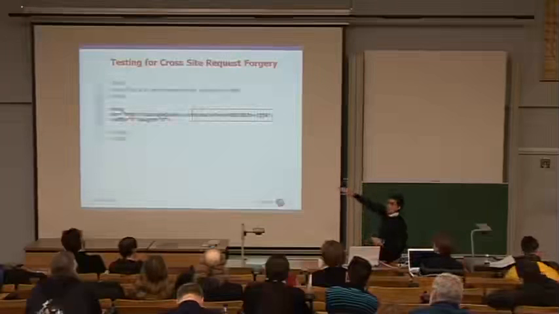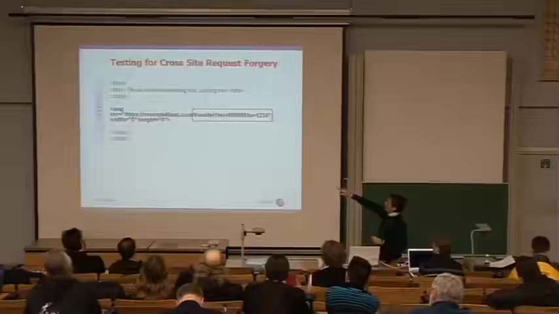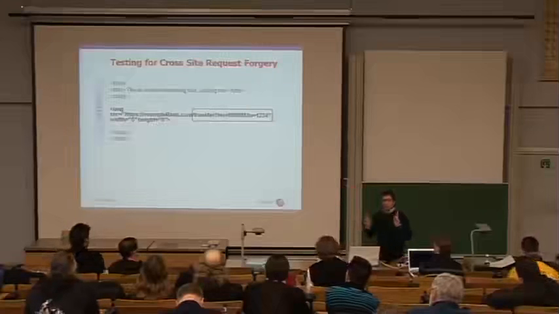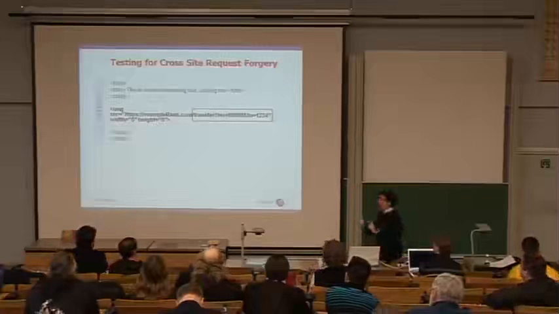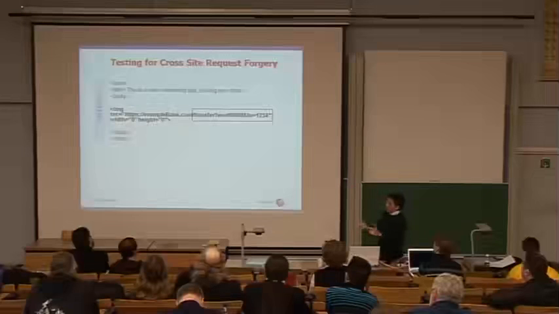If I create a page like that, in which inside the HTML I insert the exact request that I understand the application uses for a money transfer, I can force a user to request this one.